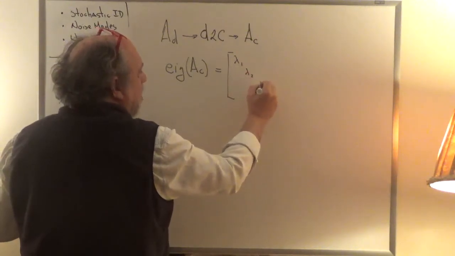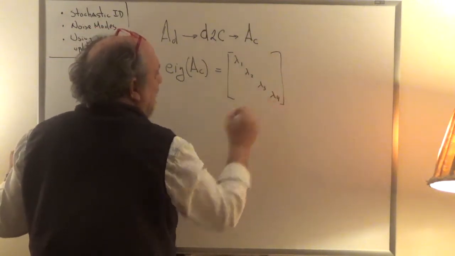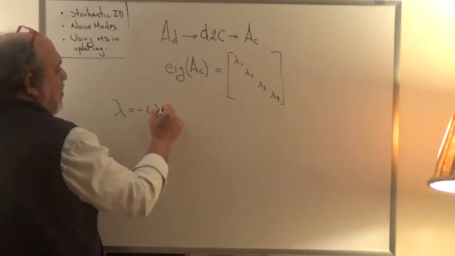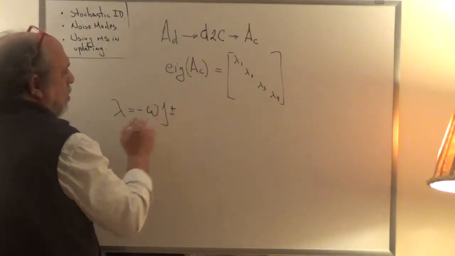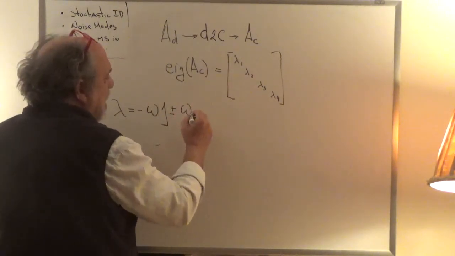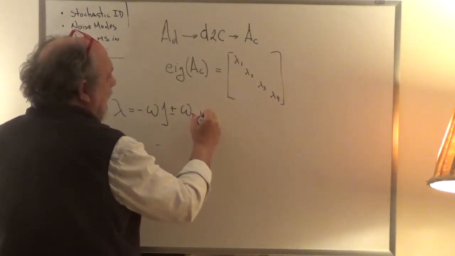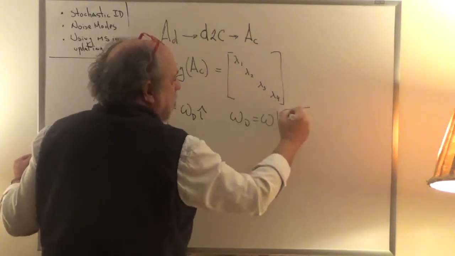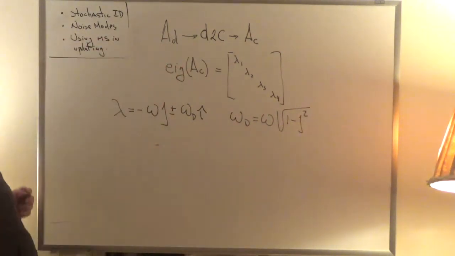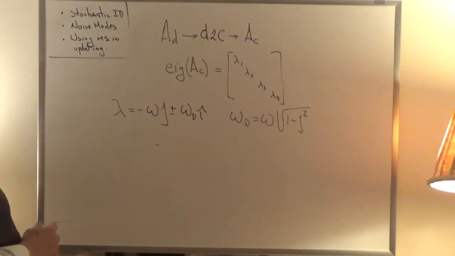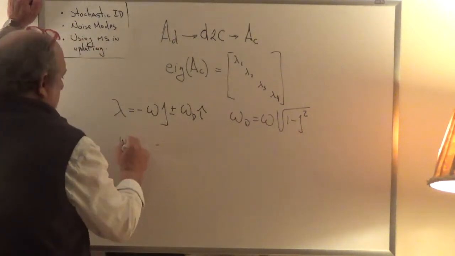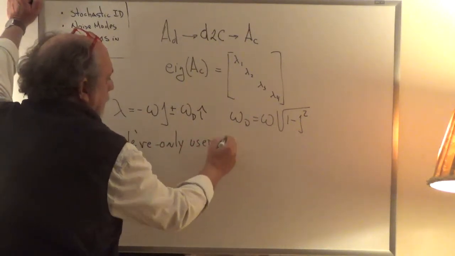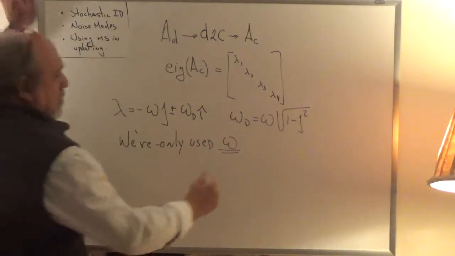Lambda 1, lambda 2, lambda 3, lambda 4, etc. that come in complex conjugate pairs and have the form minus frequency times damping ratio plus or minus the damped frequency times i, where the damped frequency is the undamped frequency times the square root of 1 minus the damping ratio squared, right? So you've only used this information for updating.